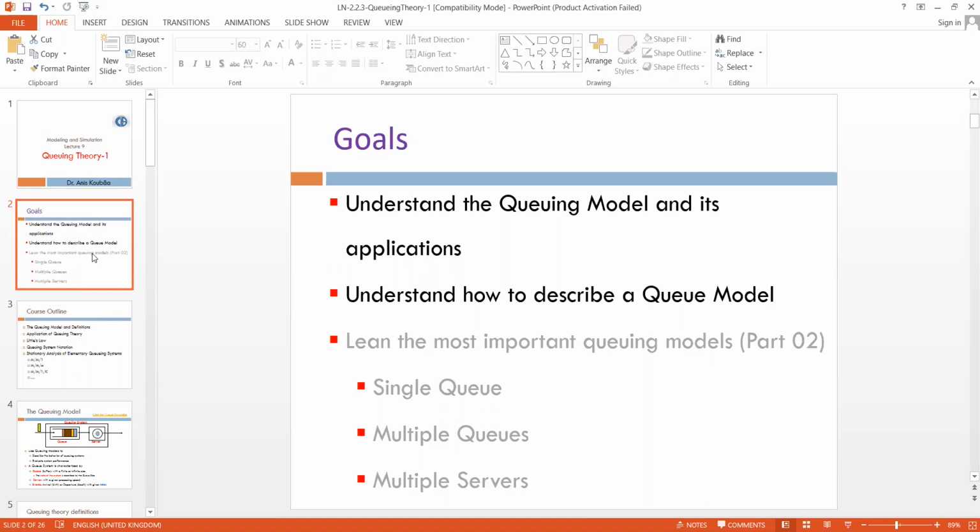Then possibly we can also look at some different types of queue models. But that is part 2. If we have enough time, we can look at that. That will be single queues, multiple queues, and multiple servers, and how to analyze them. Okay, equations governing the various queues.